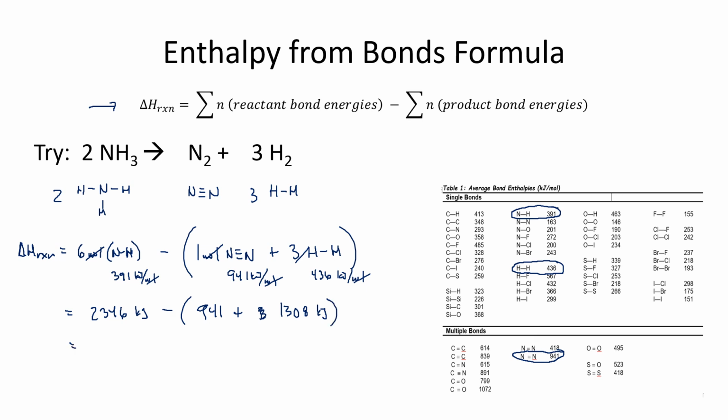And so then we do the whole thing here. So 2346 minus 941 minus 1308 equals positive 97 kilojoules. There you go. A little bit endothermic. Delta H equals 97 kilojoules.